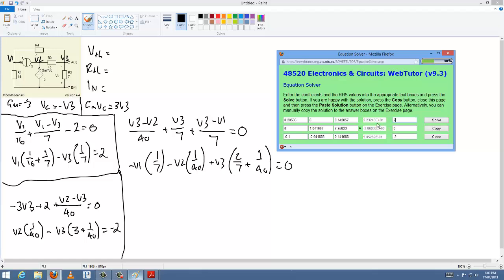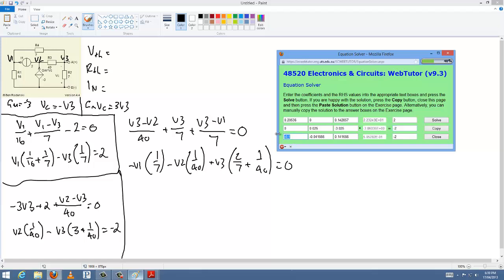That's with 2 here. For our next equation, we'd have V1, 40, 0.025, minus 3 minus negative 3.025, and that's negative 2 here.